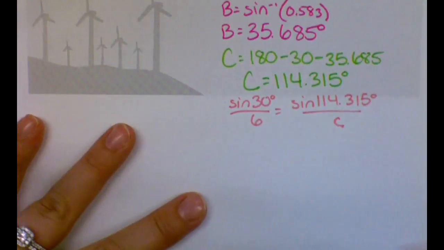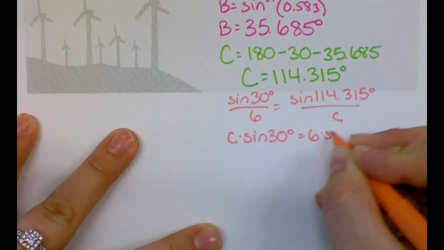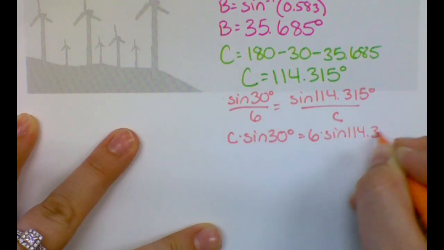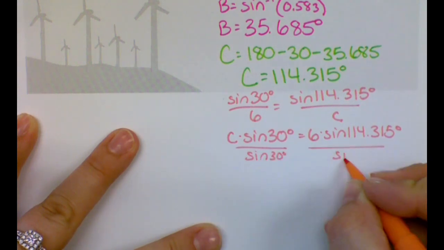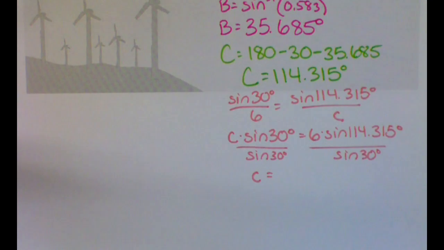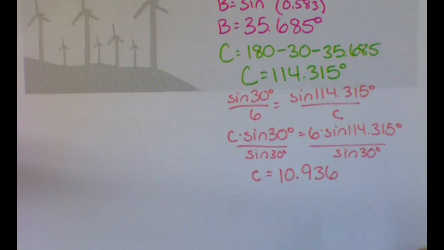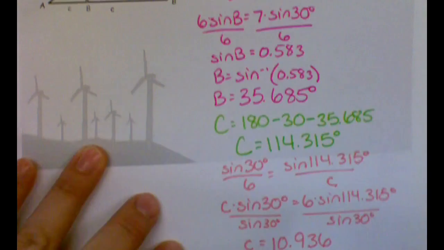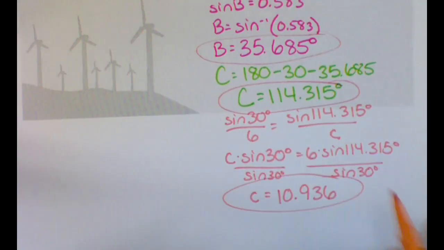Cross multiply. Divide by sine of 30. And we get side C, which is about 10.936, no labels. So remember, 3 pieces go into this answer: angle B, angle C, and side C.